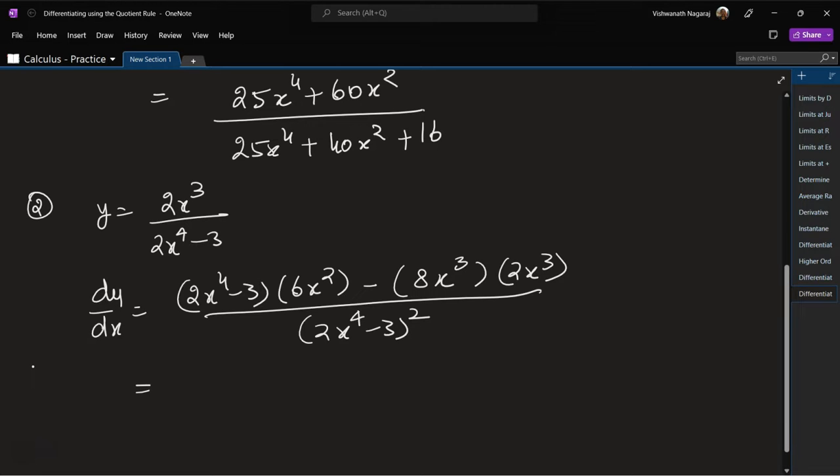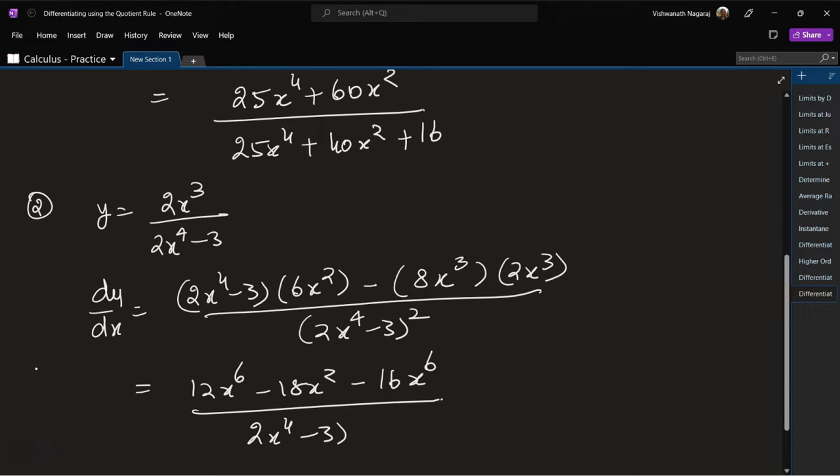Okay, now simplify. 6 twos are 12x to the power of 6 minus 18x square minus 8 twos are 16x to the power of 6, divided by 2x to the power of 4 minus 3 square.